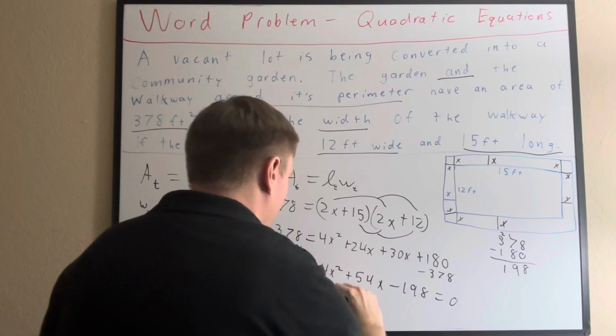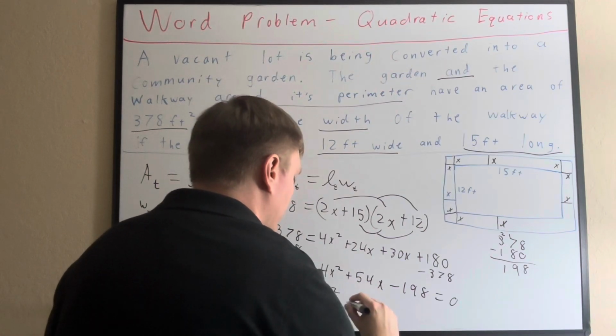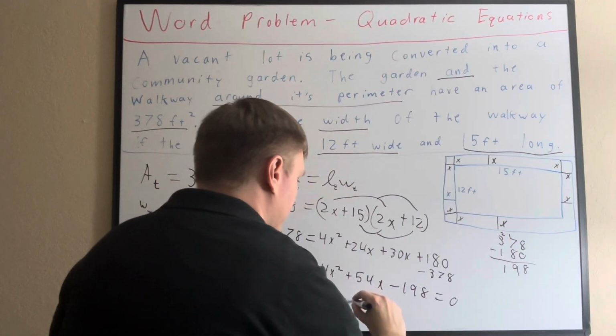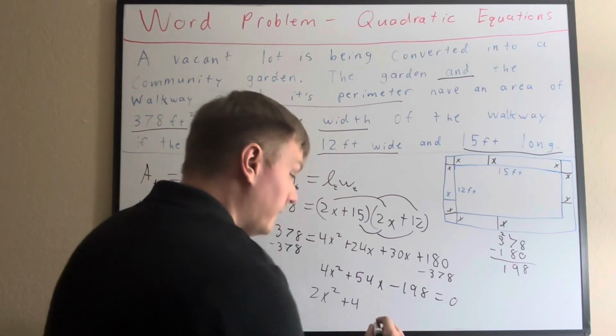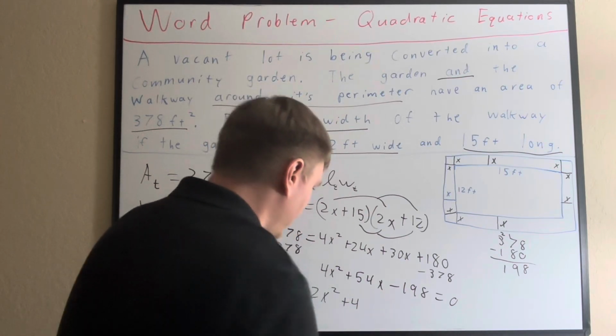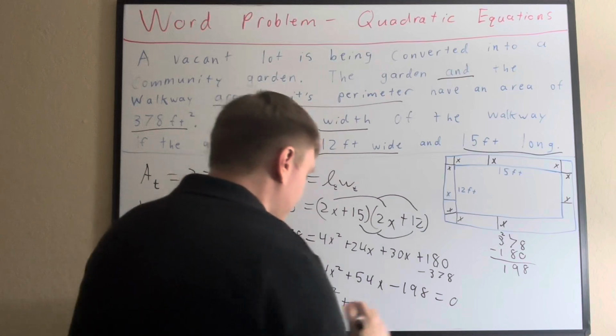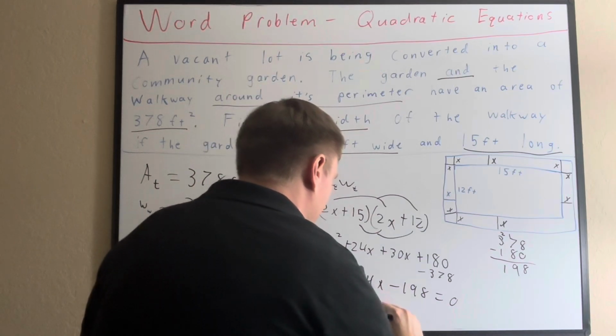We get 2x squared plus 27, no, 27x. Losing my mind today.